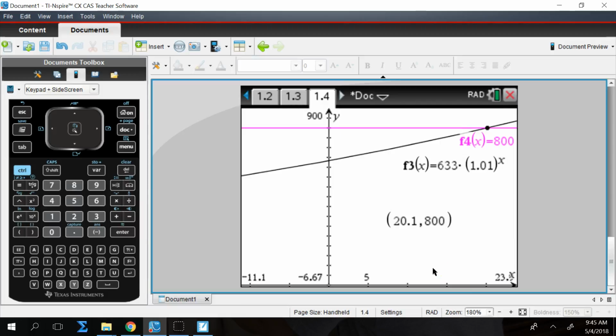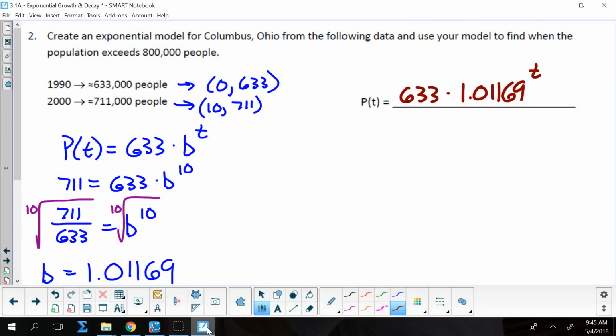Okay? Right? So 0.1 times 12 would be sometime in January of 2010, because it's 20 years after.